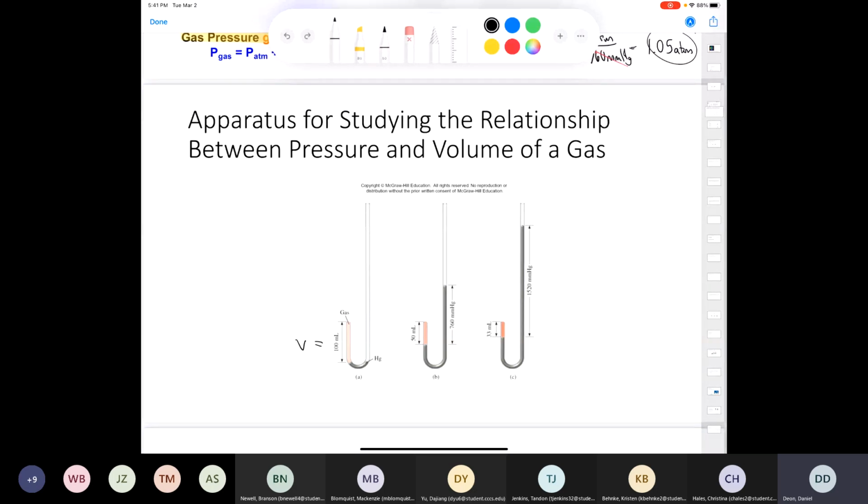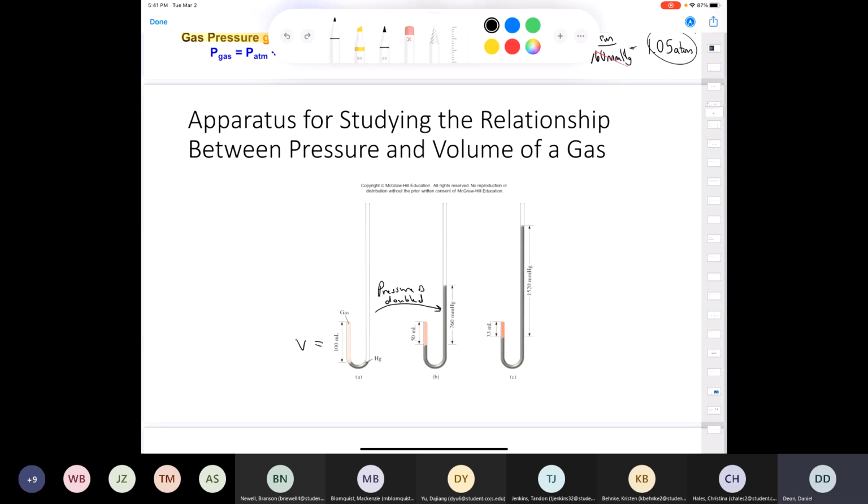So what they're saying here is when you go from this tube to this tube, pressure is doubled. They're adding another 760 millimeters of mercury, so they're doubling the atmospheric pressure.